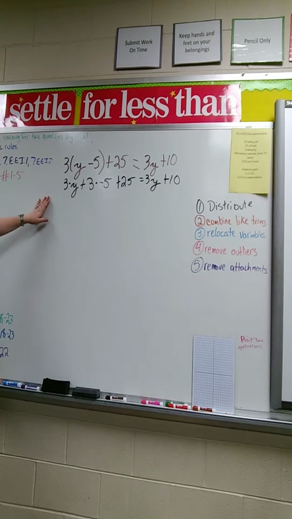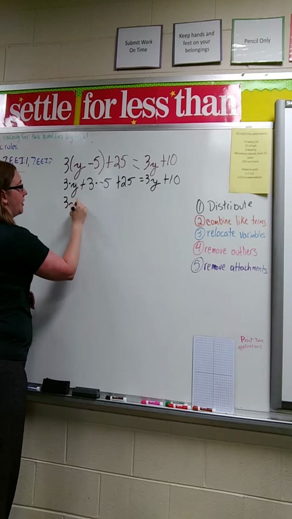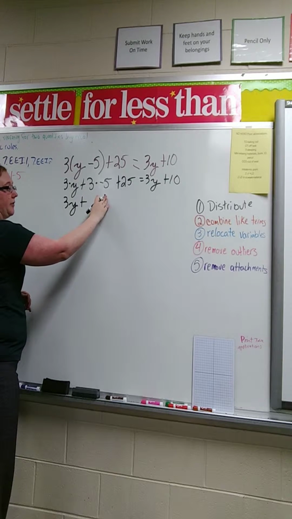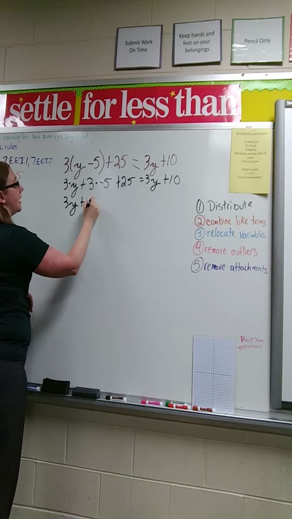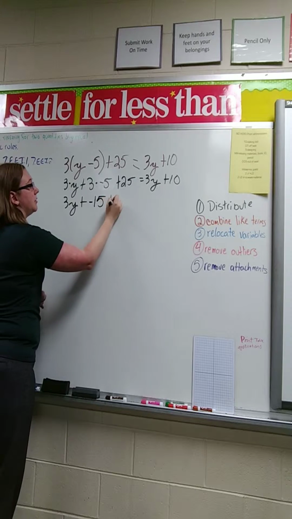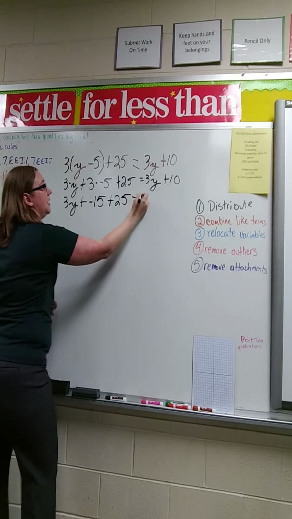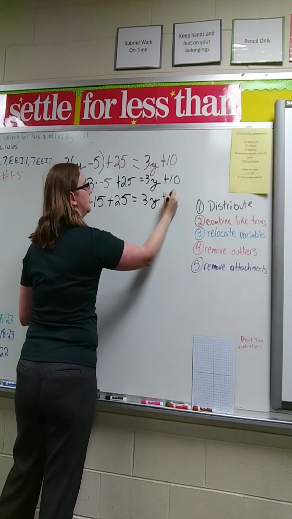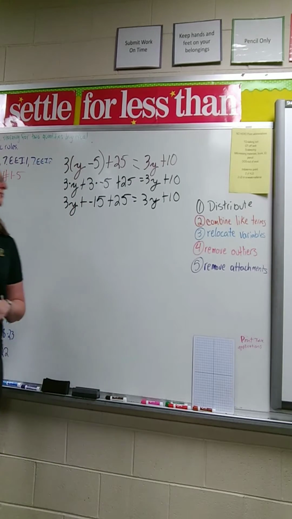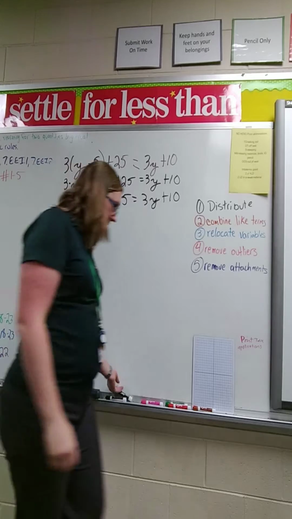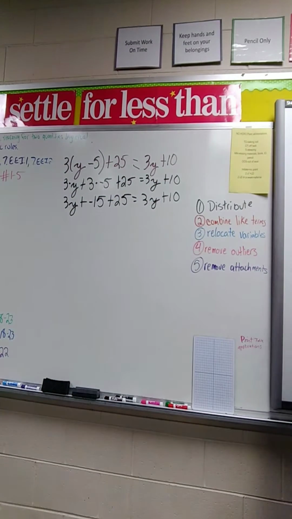Let's go ahead and simplify this. 3 times y is 3y. 3 times negative 5 is negative 15. Plus a positive 25 equals 3y plus 10. Alright, do I need to do step 2? Yes.